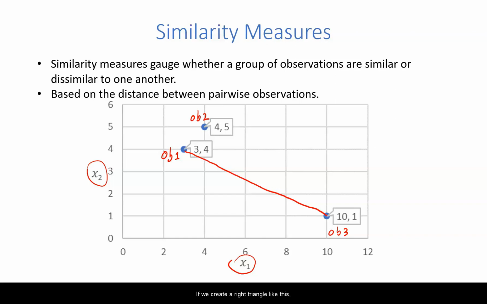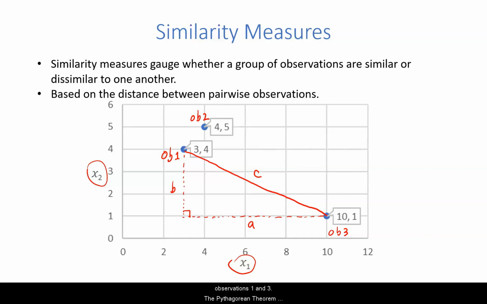If we create a right triangle like this one, and call the three sides of the right triangle A, B, and C. And the line C is the shortest distance between observations 1 and 3.